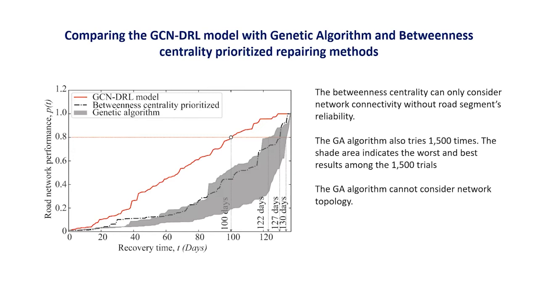We select the most optimal recovery trajectory as the upper line, and the lower trajectory means the worst scenario, or the worst recovery decisions. We also consider betweenness centrality. Remember that betweenness centrality can only consider the connectivity of the network, without the road segment reliability. We can say that betweenness centrality performs well, but still worse than our proposed AI agent, the graph convolutional neural network model.